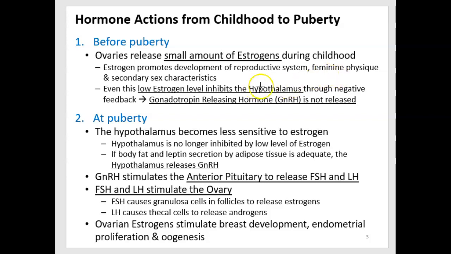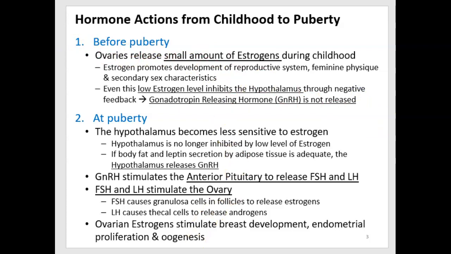Even this low estrogen level inhibits the hypothalamus, and this occurs through a negative feedback mechanism, and so gonadotropin-releasing hormone is not released before puberty.